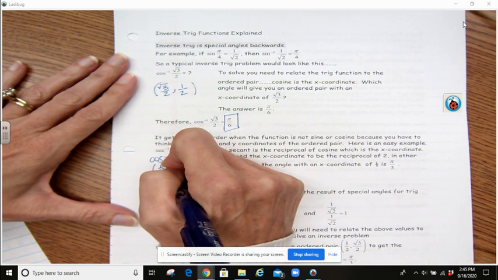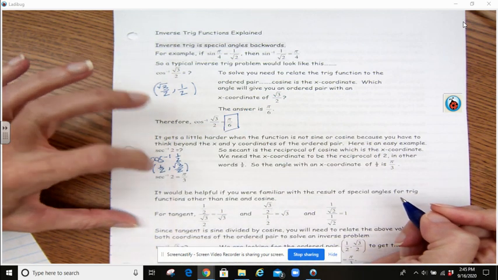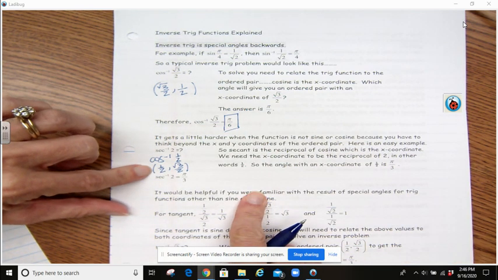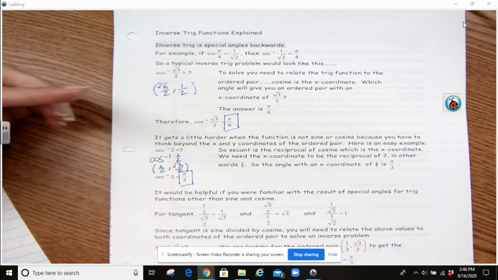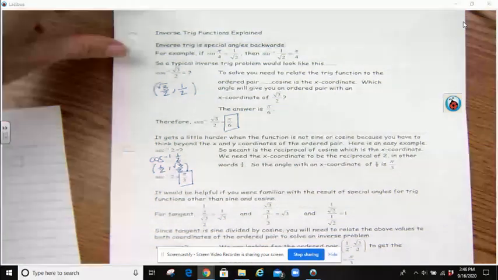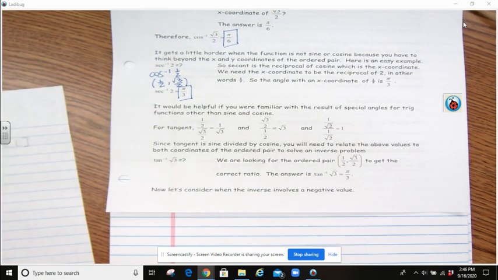I would then be able to figure out that the y-coordinate is square root of 3 over 2. And the angle that gives me that ordered pair is pi over 3. And that's the answer.